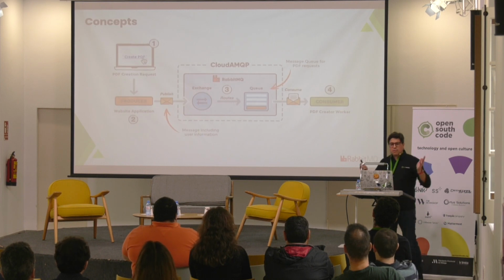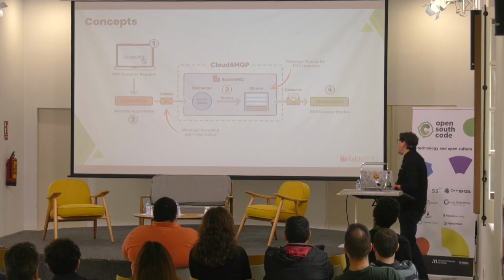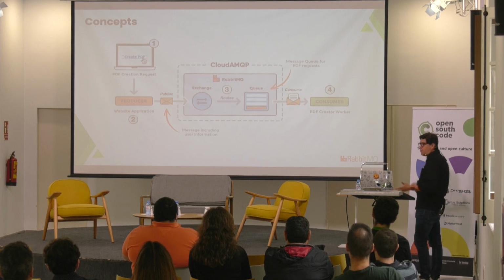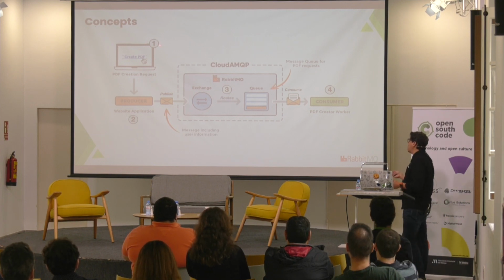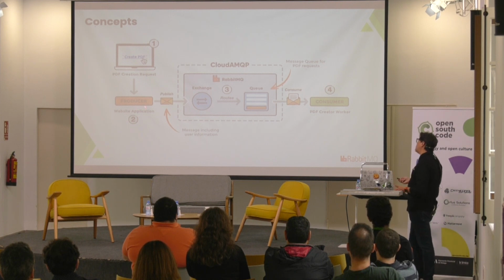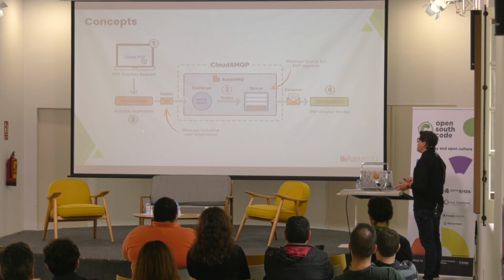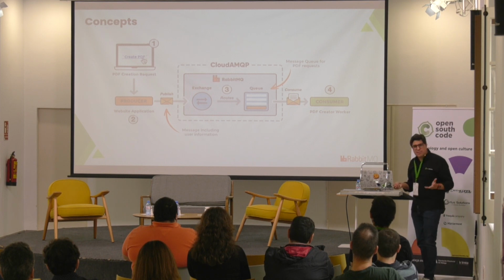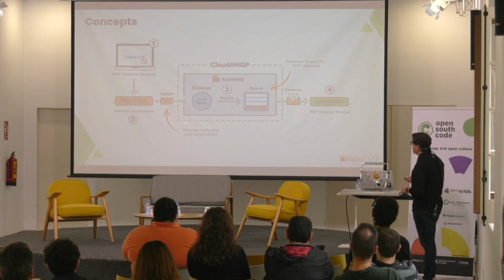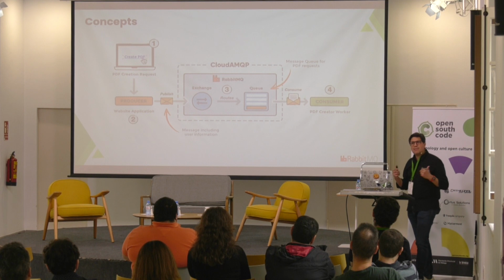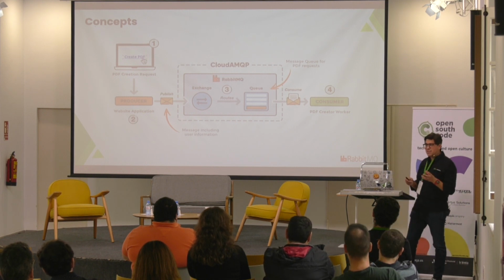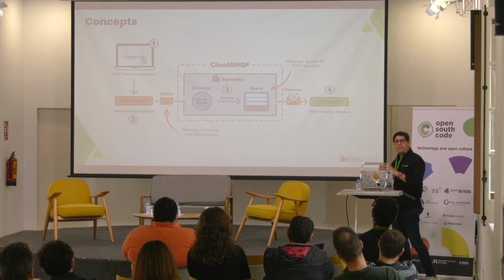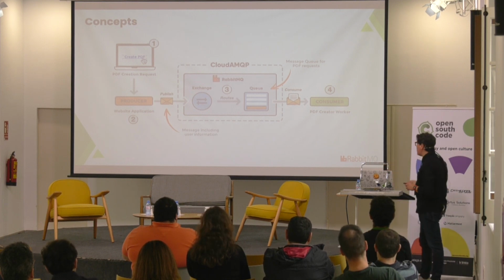All right, so concepts. If we look at this diagram, and I learn through pictures, let's say we want to create a PDF. We start here with our web application, and it's a producer. It publishes a message that somebody wants a PDF, and the message includes metadata. That's the important thing in Rabbit. The message not only has the actual body, but it can have a header, it can have a routing key, a lot more metadata information.